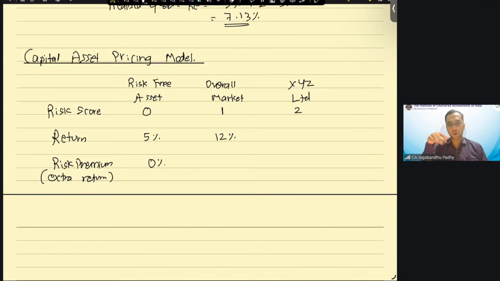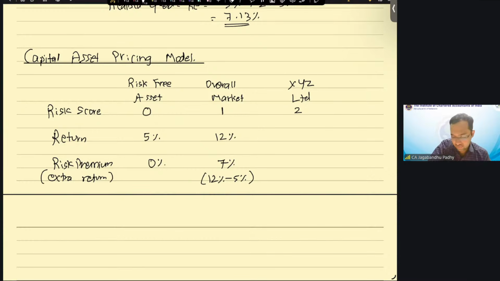Can I say 7%, which is nothing but you're getting 12% from market against a risk-free return of 5%. So you're essentially getting 7% extra return as compared to your risk-free asset.